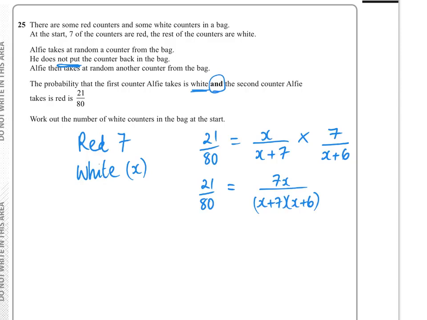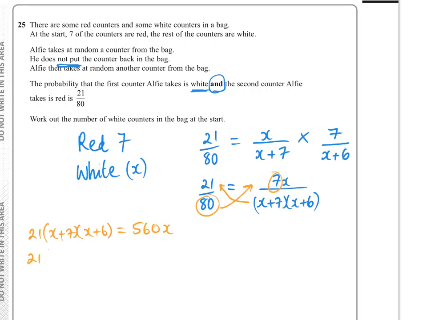So what I think we should do is try and solve that equation. So I'm going to cross multiply, if you know what that means. I'm just going to times both sides by x plus 7 times x plus 6, and then both sides by 80. So I'll have 21 lots of x plus 7 times x plus 6 equals 80 times 7, you can use your calculator if you need it, 560x.